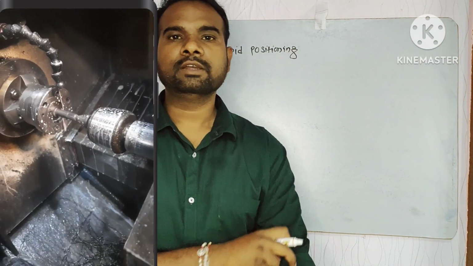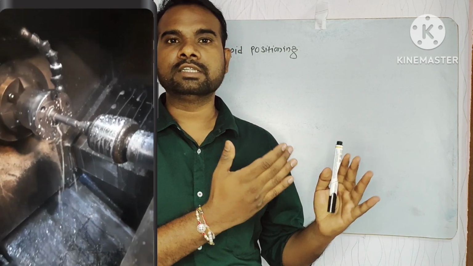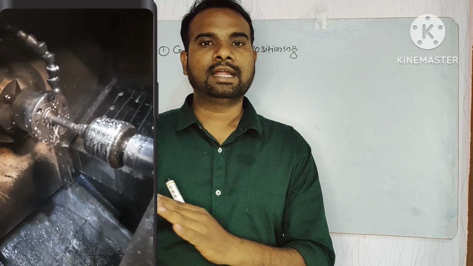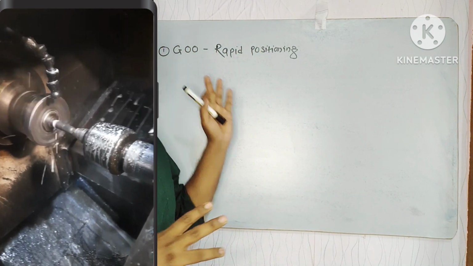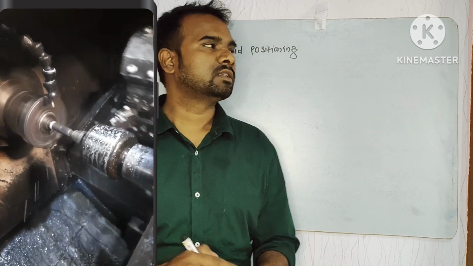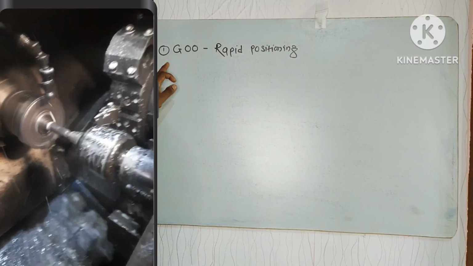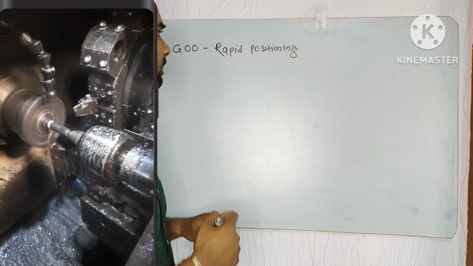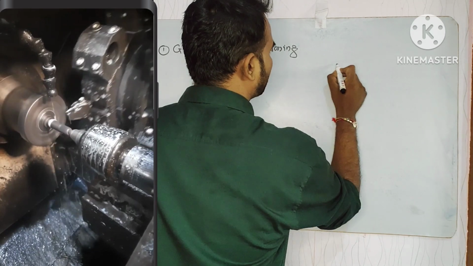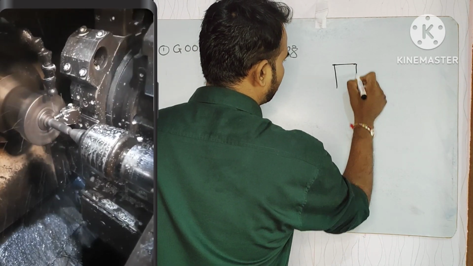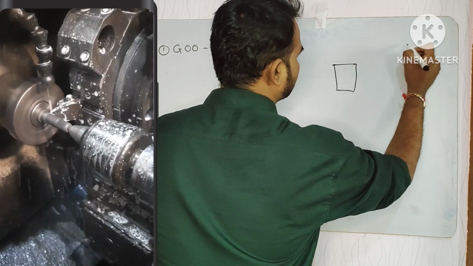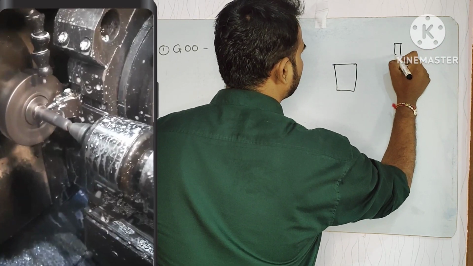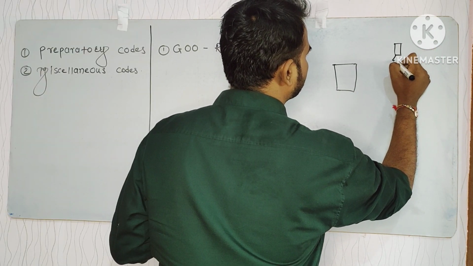Whenever we have to bring the cutter near to our workpiece, at that time we give feed rate in G00. It means the non-cutting movement. Whenever we set our job, this is our job and this is the cutter, which is at its home position.